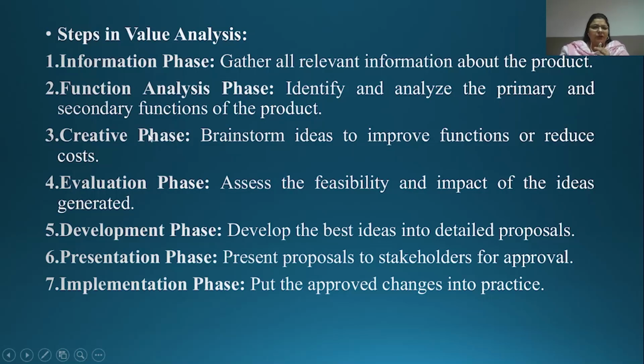Third, creative phase: brainstorm ideas to improve function and reduce cost. Point number four, evaluation phase: here, assess the feasibility and impact of the ideas generated. Point number five, development phase: here we develop the best ideas into detailed proposals.